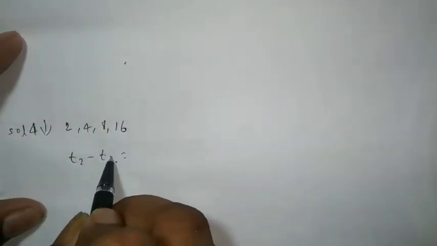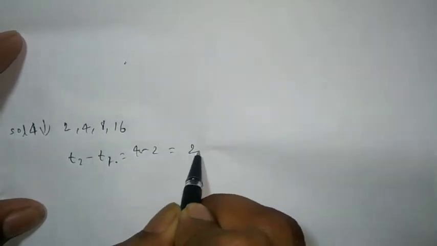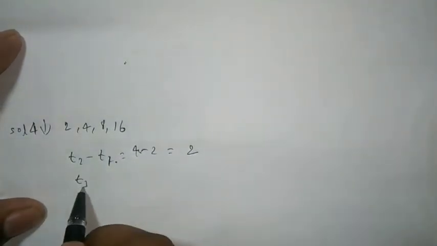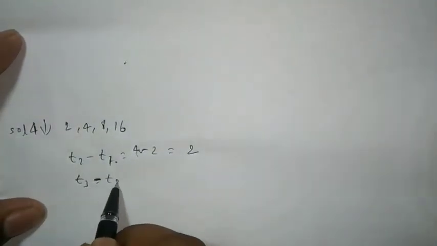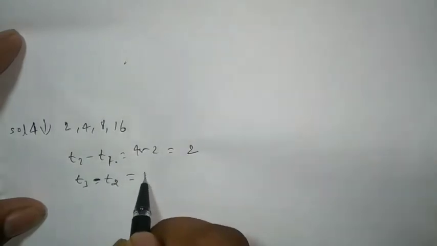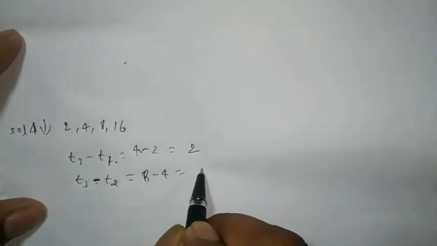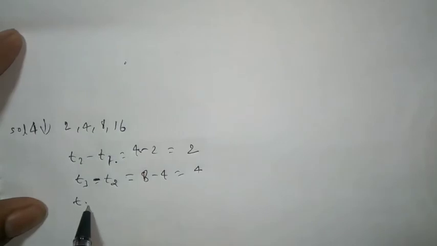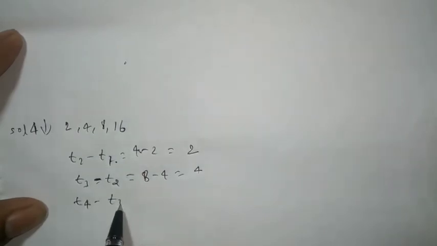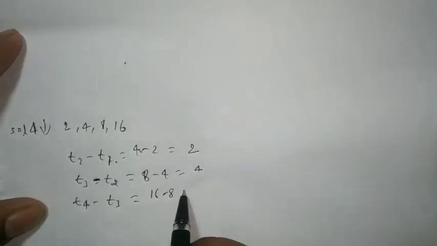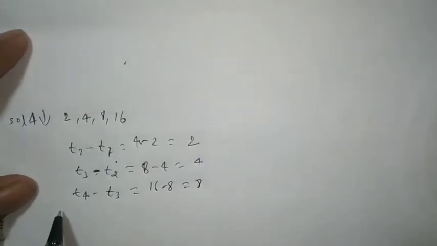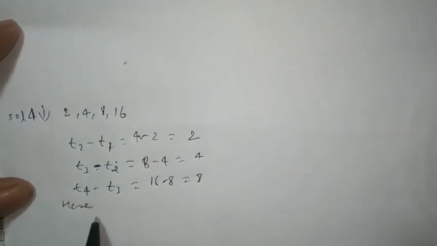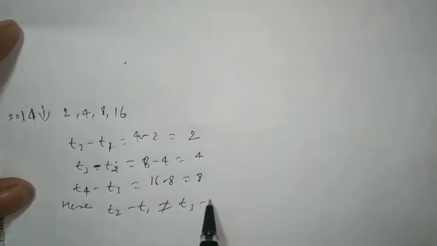So this is simple. T2 minus T1 is equal to 4 minus 2 is equal to 2. T3 minus T2 is equal to 8 minus 4 is equal to 4. T4 minus T3 is equal to 16 minus 8 is equal to 8. Here T2 minus T1 does not equal T3 minus T2.